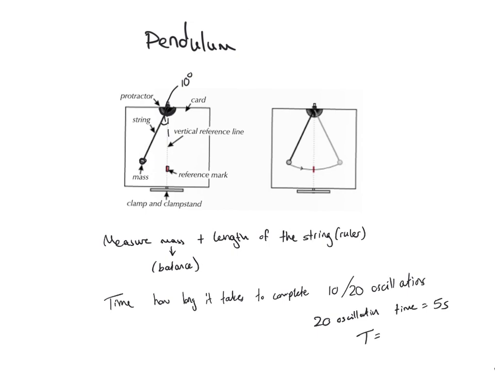Then you do, obviously, the division, and you will get the time it took for one oscillation only. To do that, you could do 5 divided by 20, and that will give you how long it was for one oscillation, which is a quarter, 0.25 seconds in this case.